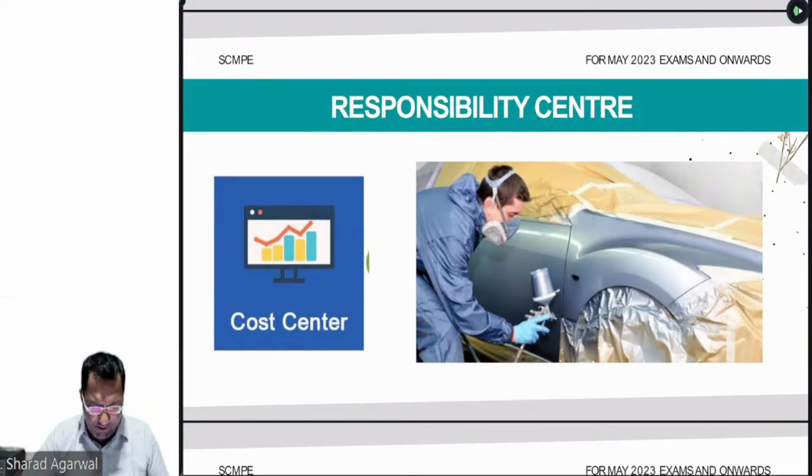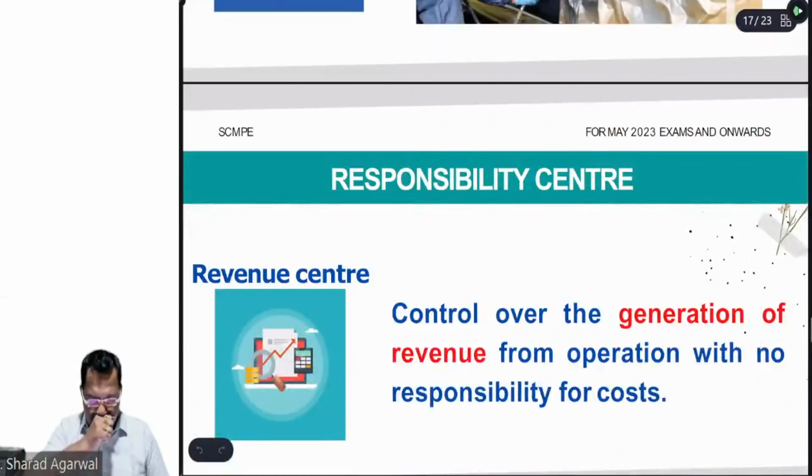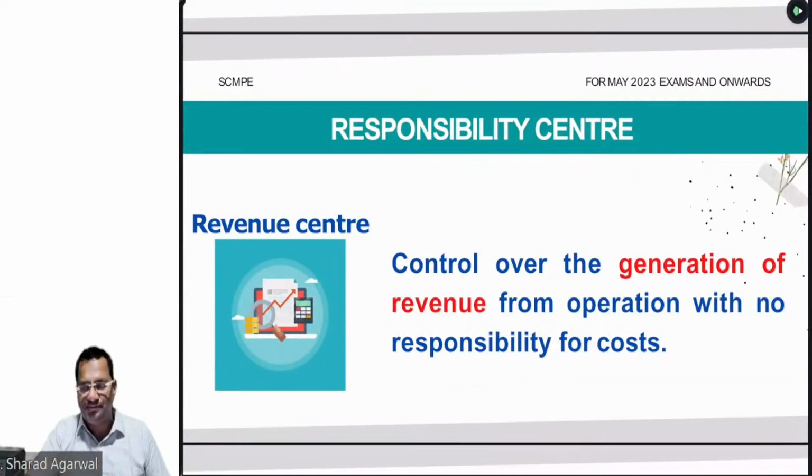Now write down the second point, revenue center.